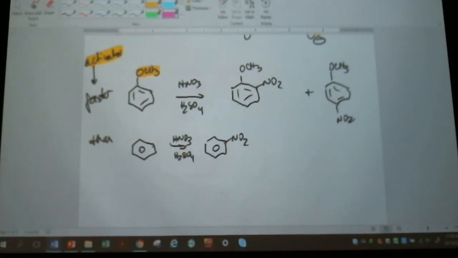But the fact that we go in these particular positions is what makes it an ortho-para activator.